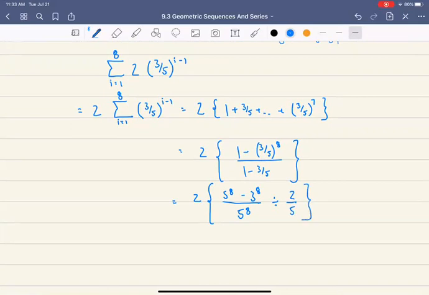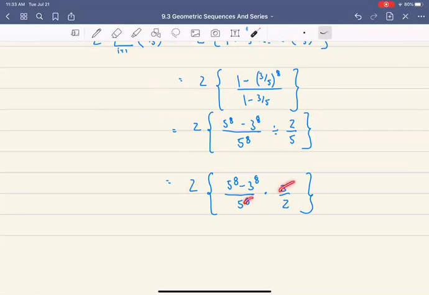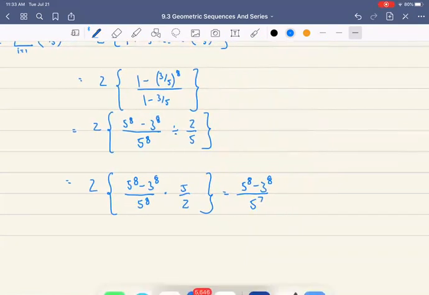When I divide fractions, I flip the second one and multiply. Now, this 2 cancels with this 2. This 5 cancels with one of the 5s here. So I'm going to get 5 to the 8th minus 3 to the 8th over 5 to the 7th. And that's what I can calculate.